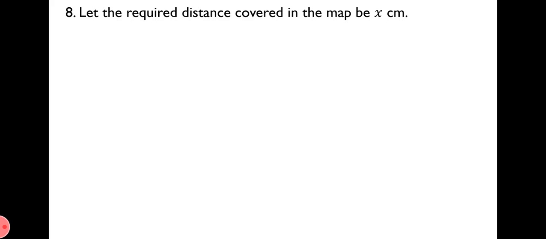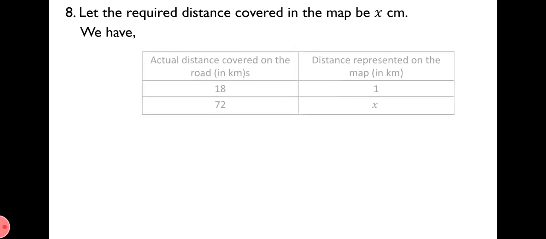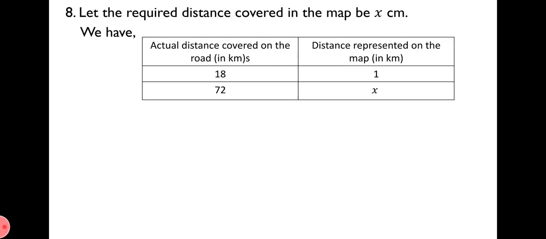So for the solution of question number 8, let the required distance covered in the map be x centimeter. We have a table: actual distance covered on the road in kilometers and distance covered on the map. When Rashmi is traveling 18 kilometer on road, the distance shown in the map is 1 centimeter.